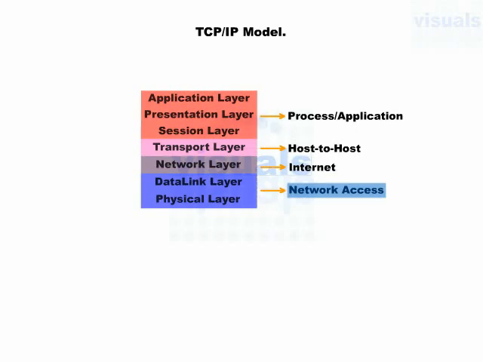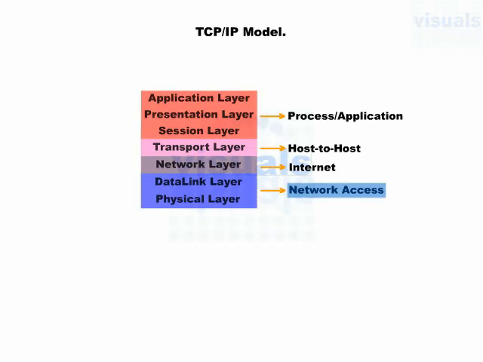Network access. We have discussed the data link layer of the OSI model. Delivering the data to the destination system within a local area network is the duty of the data link layer. We have also discussed the physical layer. Through the physical layer, like a cable, the data is transferred in the form of zeros and ones, reaching the destination system. The functions of both these layers are performed by a single layer of the TCP/IP model.